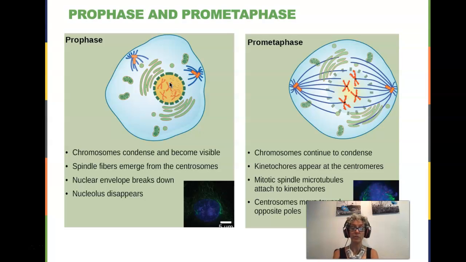G1, S, and G2 have to be completed before we get to this stage where we see the chromosomes condensing in prophase. These little spiders on the corners are the centrosomes. Too many words beginning with C-E-N-T, but centrosomes. That is where the cell generates microtubules. We've seen microtubules when we talked about eukaryotic cell structure.